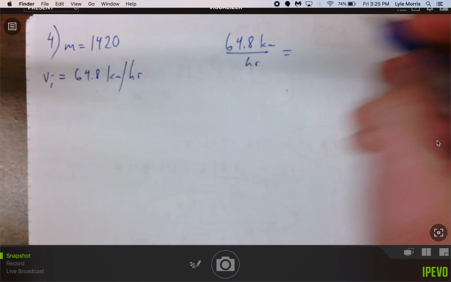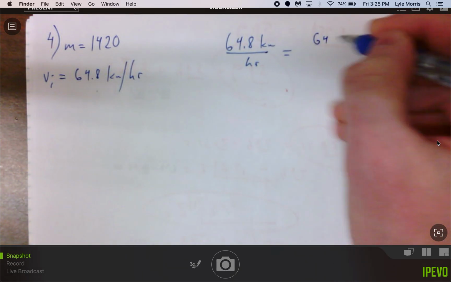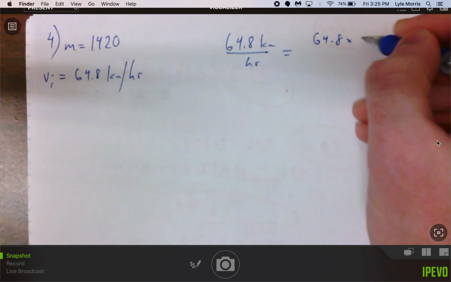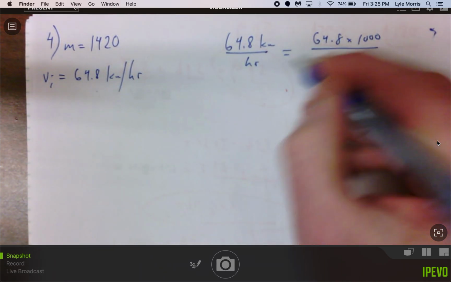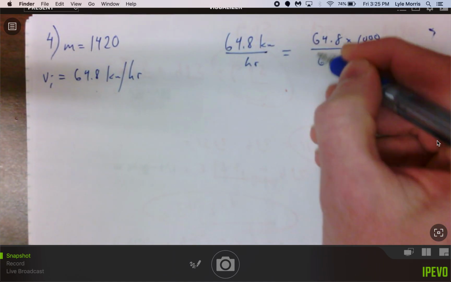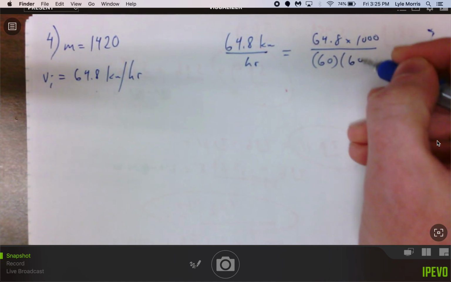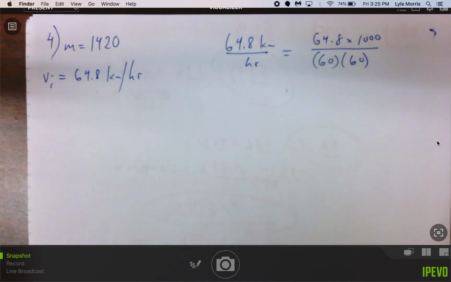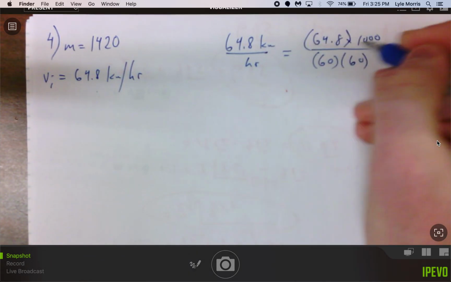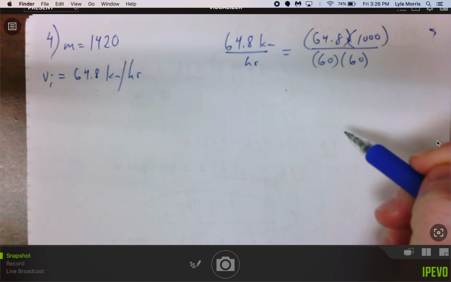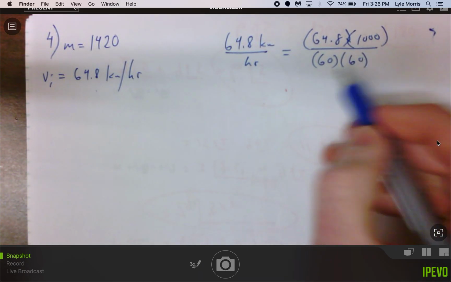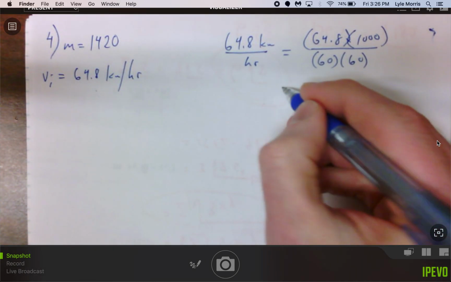That is 64.8 times 1,000, because there's 1,000 meters in a kilometer, over 60 minutes times 60 seconds. This is how you would do the conversion: 64.8 times 1,000 divided by 3,600.